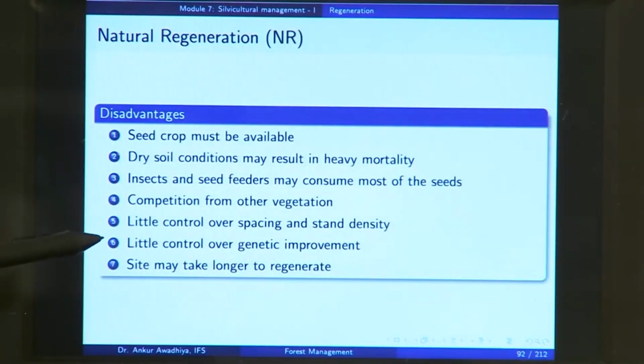There is also little control over genetic improvement, because you are not selecting those trees that have those properties that are better suited to your operations.